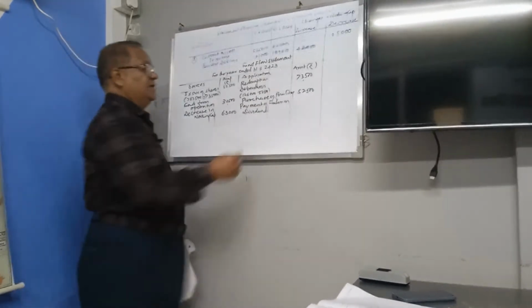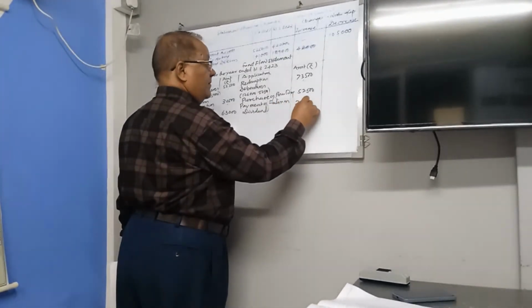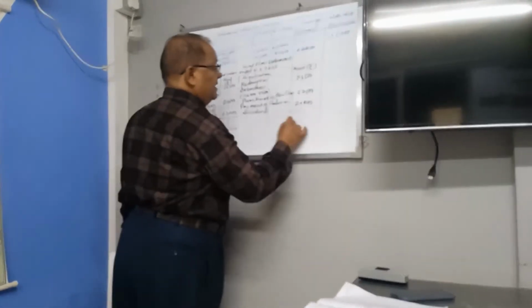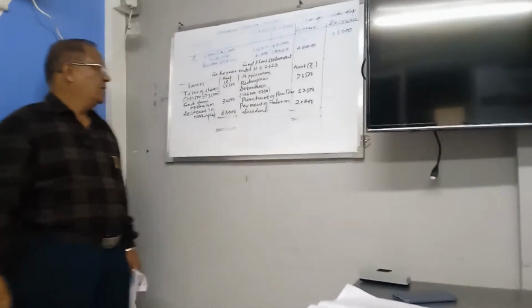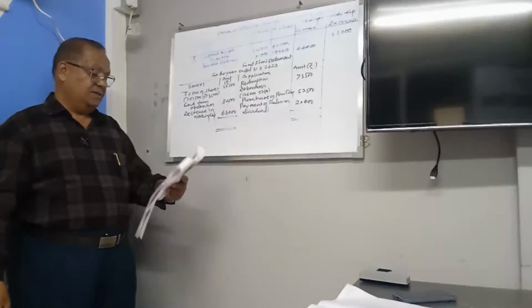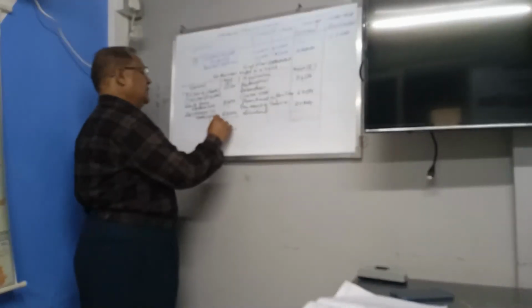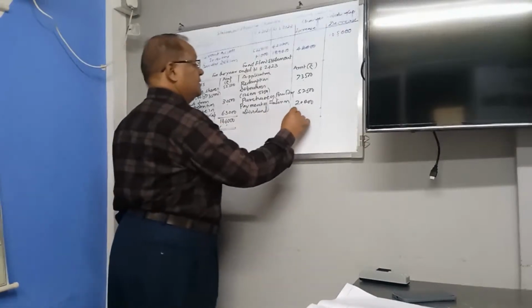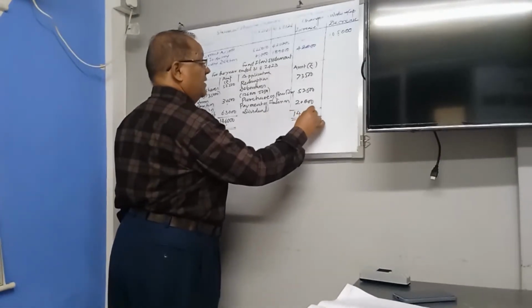The amount is 20,000. Now if you take this total, it must be equalized or tallied. Total sources is equal to application of funds. So while totaling this, it comes to 1,46,000. And this is also 1,46,000.